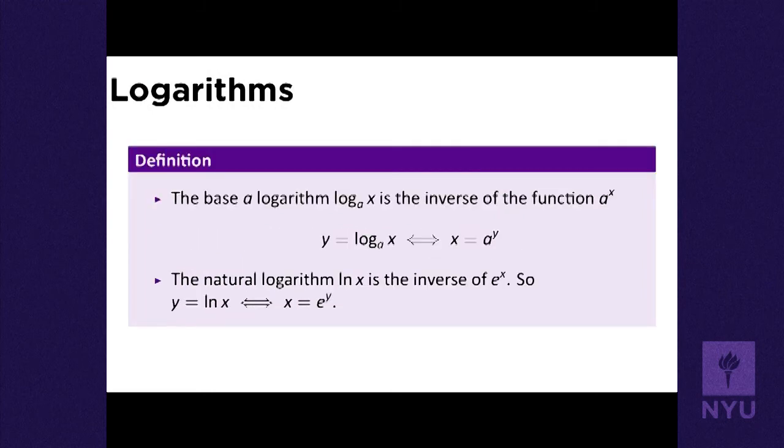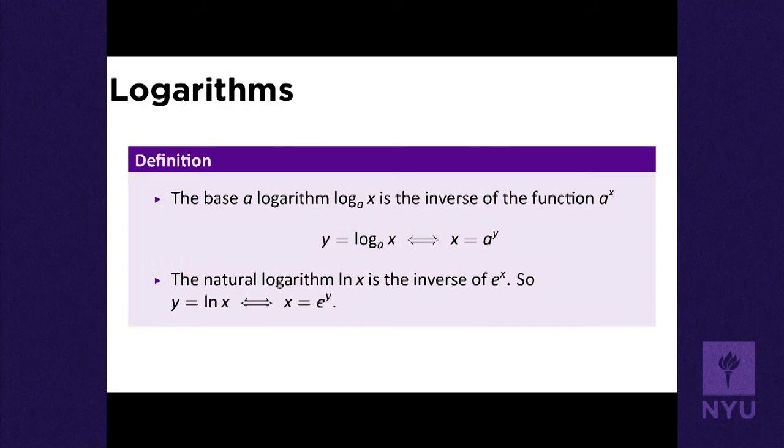So the definition of log base a of x is the number which stands for the power that you would put on a to get x. To say that y is log base a of x is precisely the same thing as saying x equals a to the y. And y is the power that you would put on a in order to get x. So a to the log base a of x is, by definition, x.